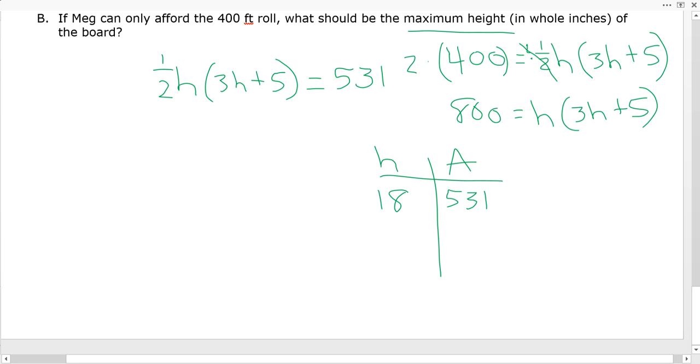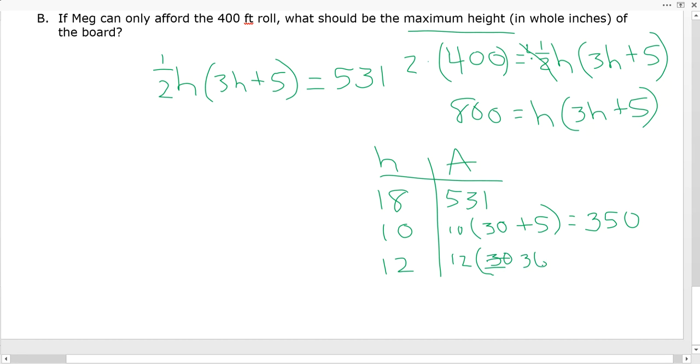I'm going to pick 10 because I know 10 is easy. If I have 10, then I have 10 times 30 plus 5, and 10 times 35 is 350. So the question is, is there something in between that's closer to 400 but doesn't go over? So let's try 12. Just guessing and checking. Oops, that's not 30 anymore.